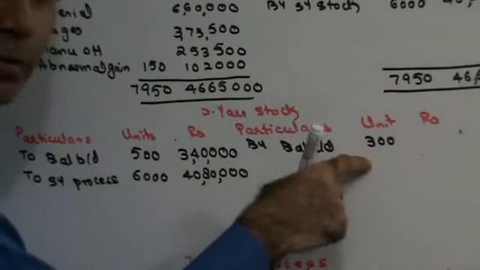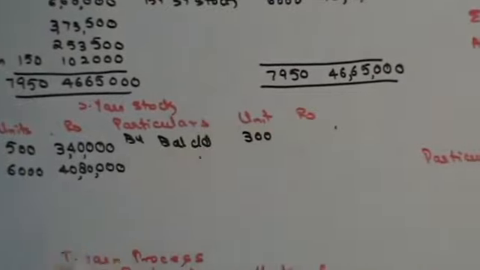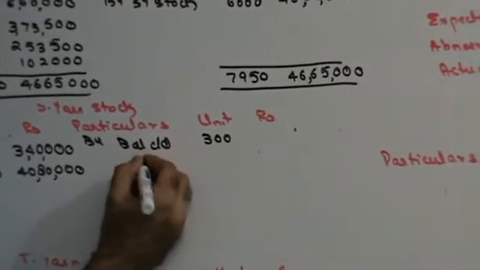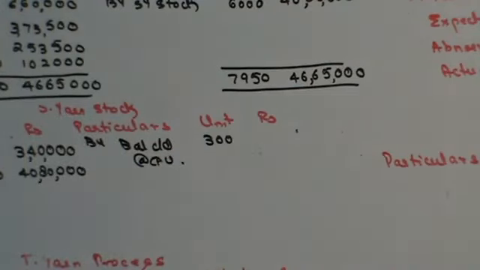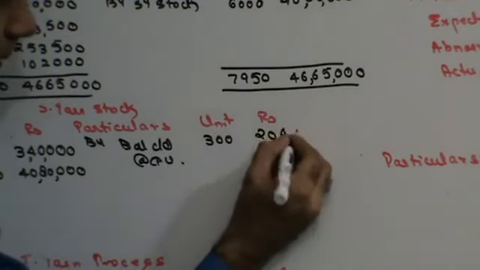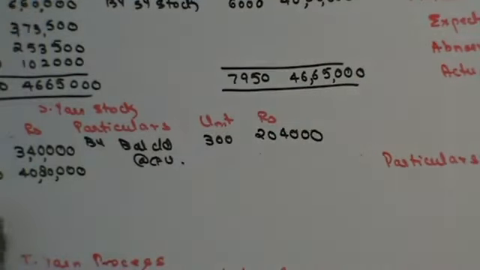Closing stock is given to you as 300 units, but the amount for closing stock is not given, which has to be calculated at the rate of CPU. CPU is given to you as 680. So 300 into 680 will give you 2,04,000. Right? Tally this.